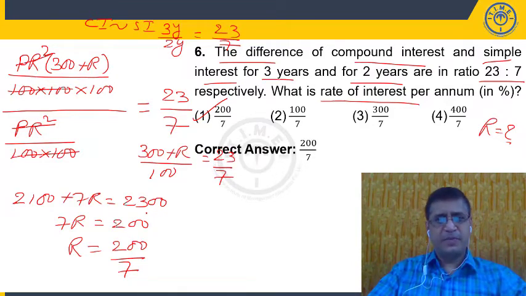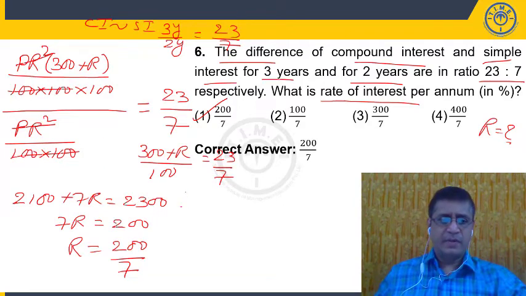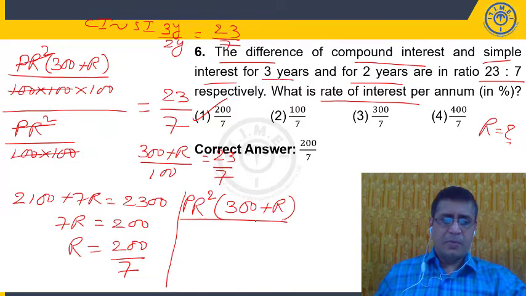Am I clear? So what is the formula you need to remember? The formula to find the difference between the compound interest and simple interest over a period of 3 years. So what is the formula? P R square into 300 plus R by 100 into 100 into 100.